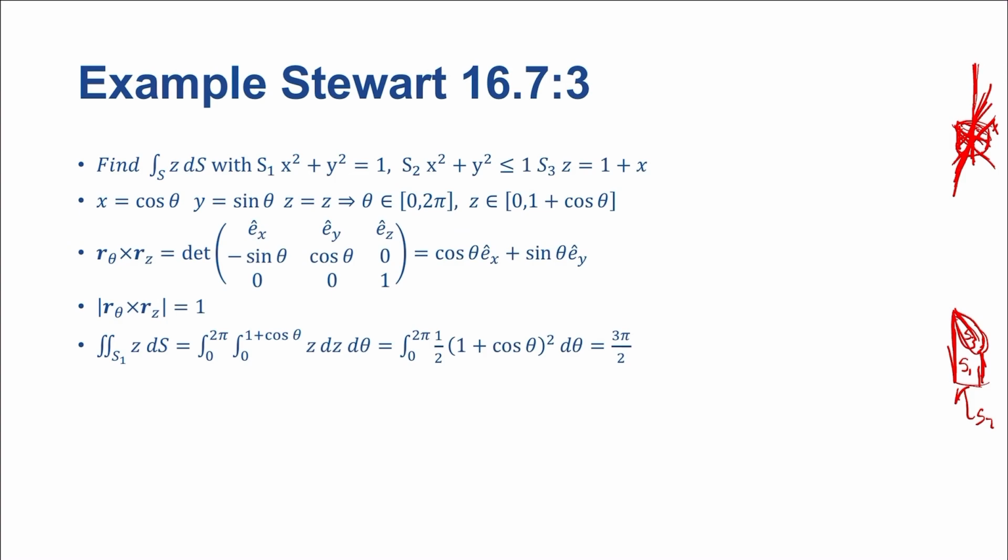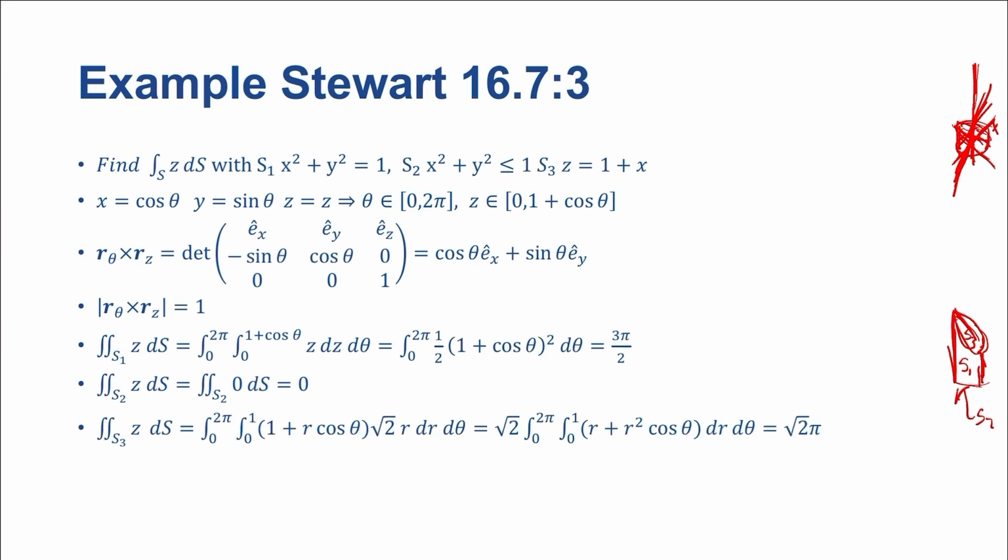And this you FOIL out, then you do the double angle substitution, and then you can get 3 pi over 2. I'm not going to go through all that because we should know how that works, right? Well, then we also have the integral over z for the second surface, but this one's trivially 0.